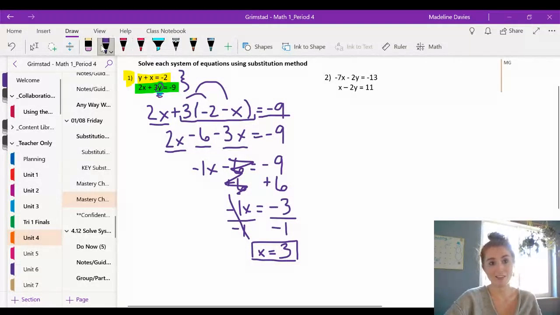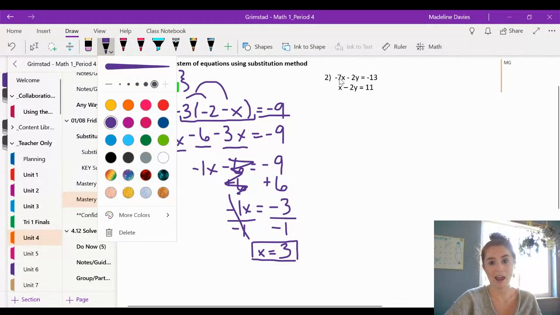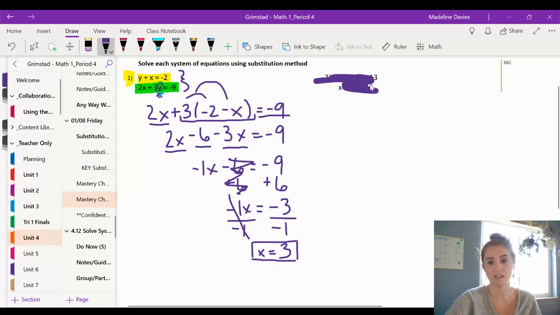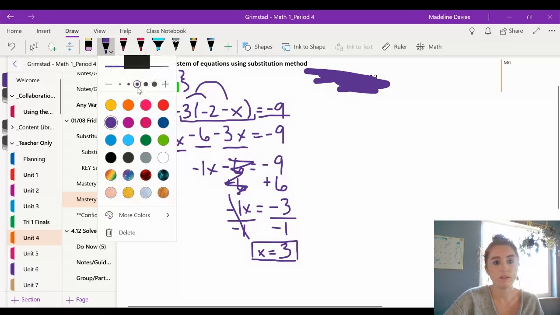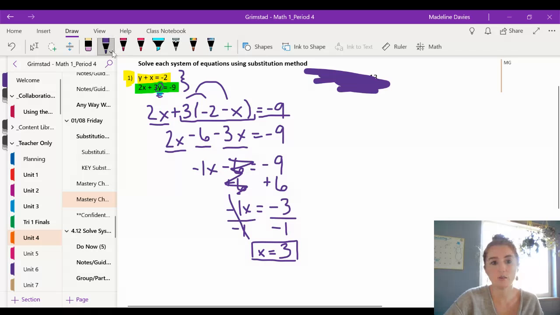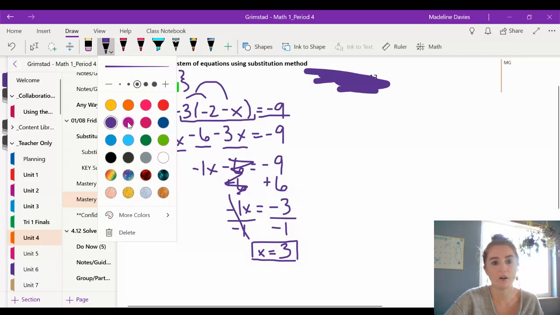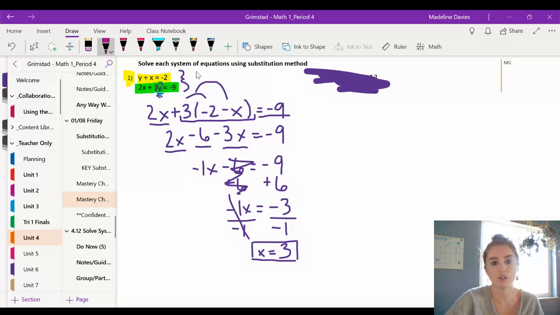All right, so I have this now. I have my x. I'm just going to erase this so that we don't keep concentrating on it. I have my x equals 3, but now I need to figure out what my y is. So I can go back to my original equations. I have this top one highlighted in yellow, and then I have this one highlighted in green.